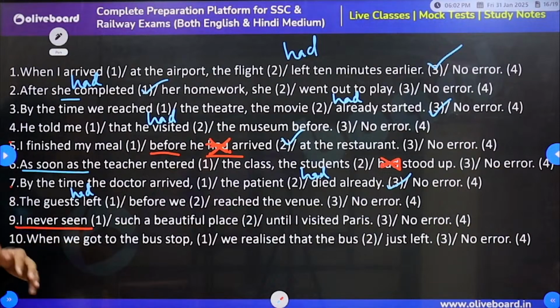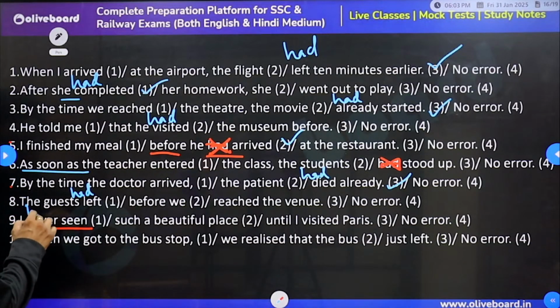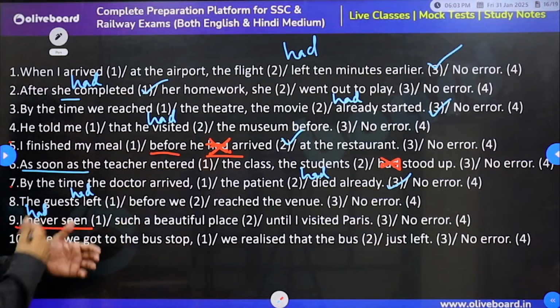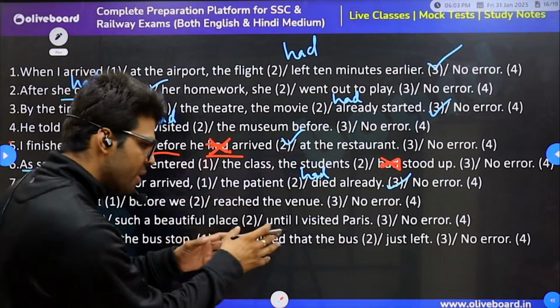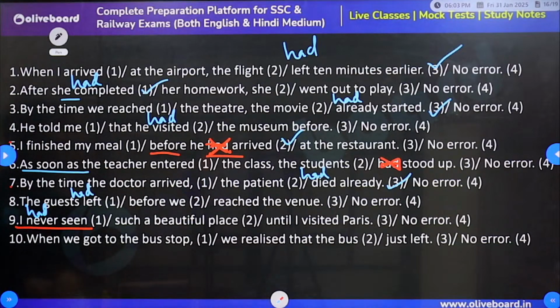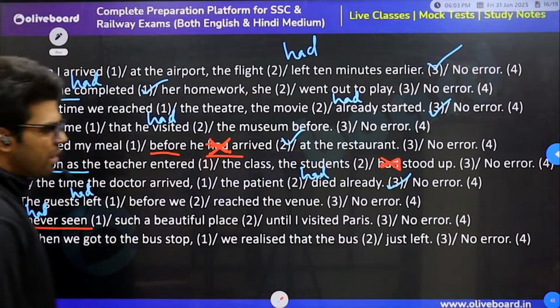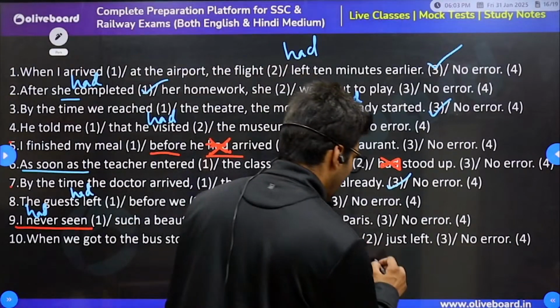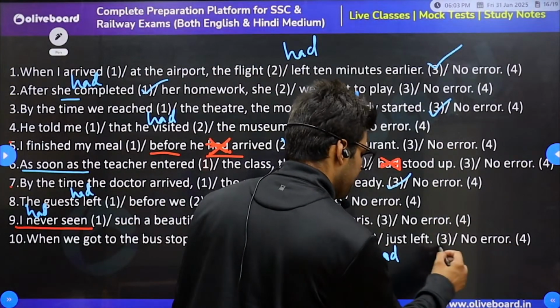I seen, no finite verb here. So I had never seen such a place until I visited Paris. So when I visited Paris, I came across this. Otherwise, I had never ever seen such a beautiful place before I visited Paris. All correct. And the last but not the least one, when we got to the bus stop, we realized the train, bus, flight had just left.